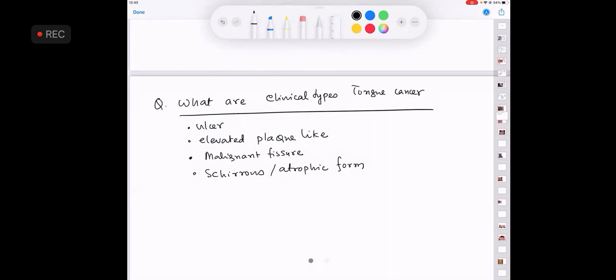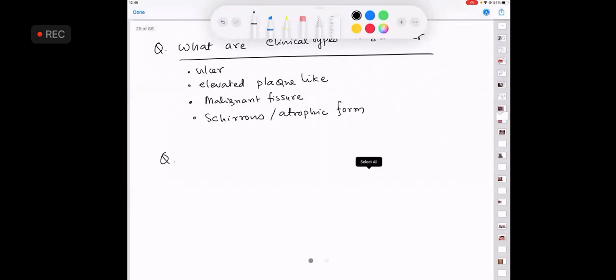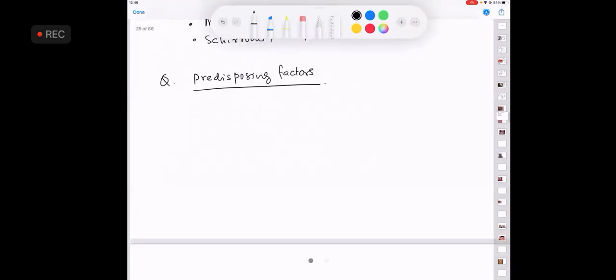Yes, sir. Second question. Name me some predisposing factors about a cancer of the tongue. So the predisposing factors of cancers of the tongue will be S, S, S, S, and S. What are they?